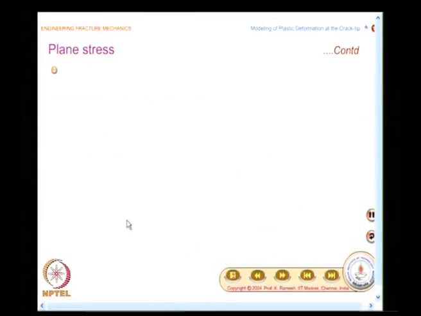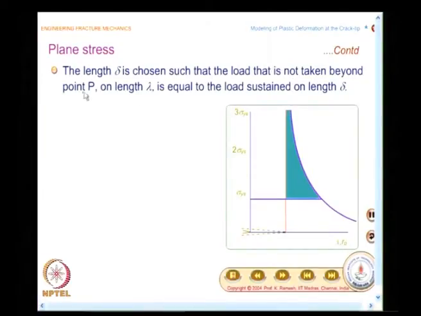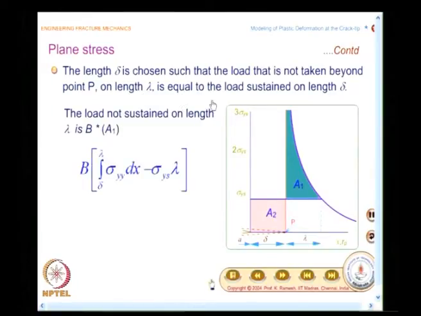Based on that sketch, I can make a statement that length delta is chosen such that the load that is not taken beyond point B on length lambda is equal to the load sustained on length delta. What is the load not sustained on length lambda? What is shown as area A1 is not sustained on length lambda.